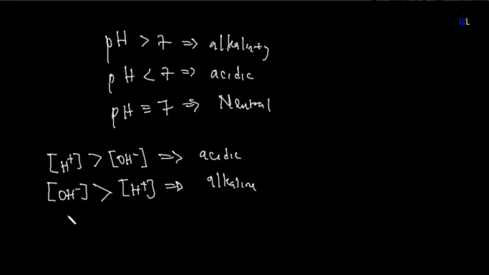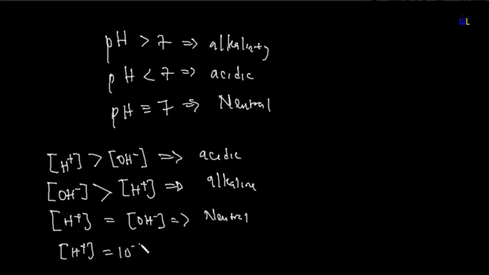Then what if the concentration of hydrogen ion is equal to the concentration of OH minus? What is it going to be? Neutral. And for that to happen, the concentration of hydrogen ion equals 10 raised to power minus 7, and the concentration of hydroxide ion equals 10 raised to power minus 7.